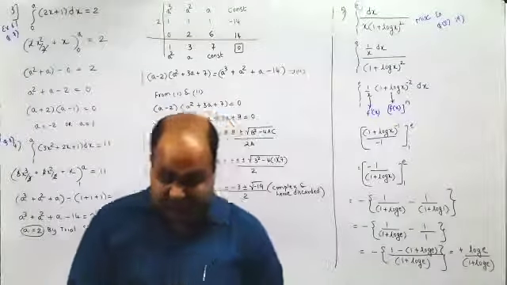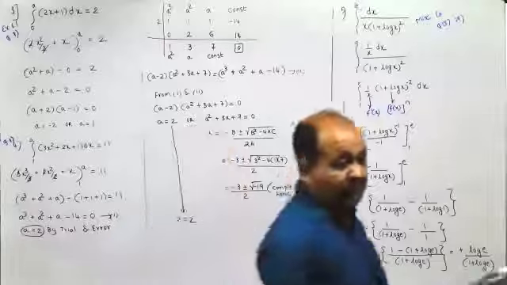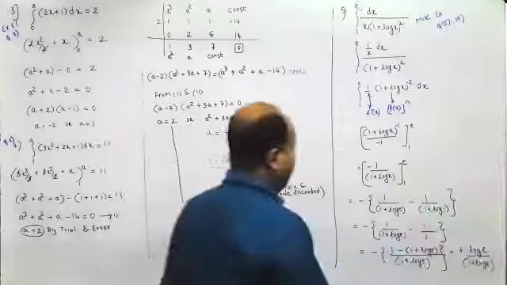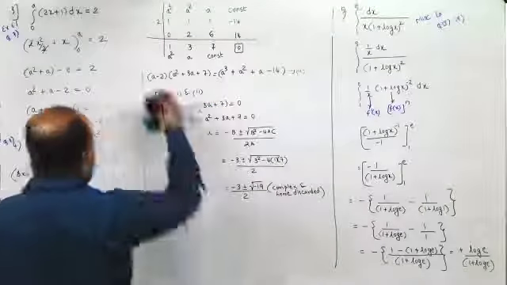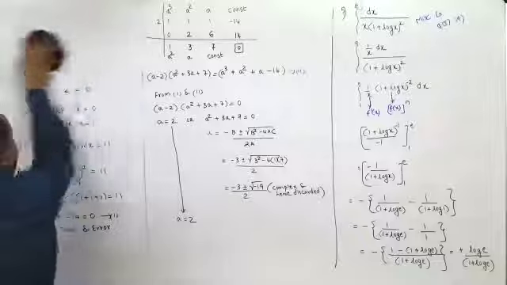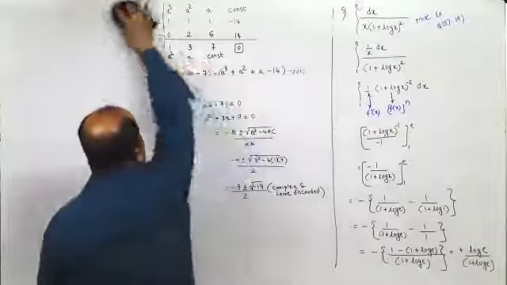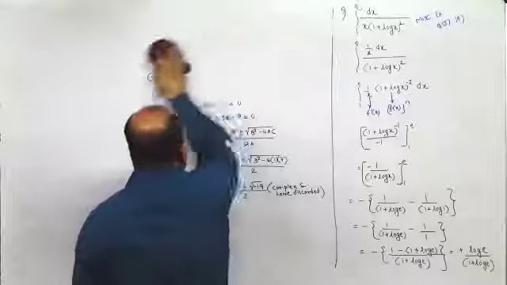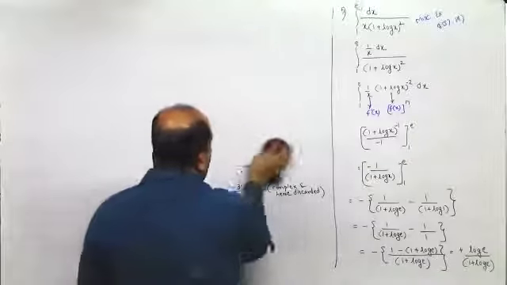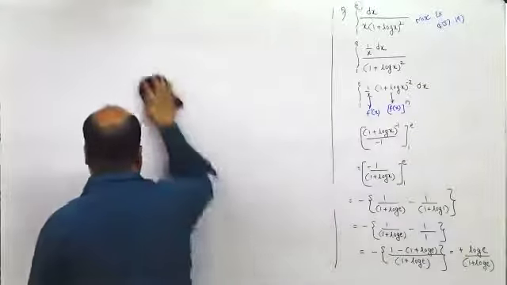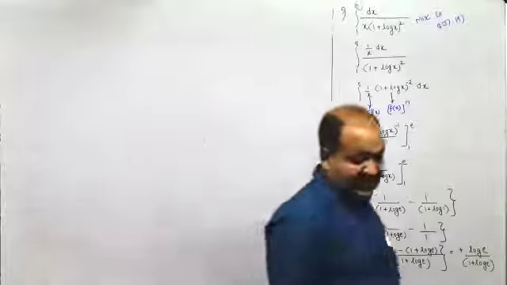I'll take up the next problem. Yeah, any other doubt? I'm not able to locate it. I have rounded it off to the nearest possible sum that I could find in the miscellaneous exercise.